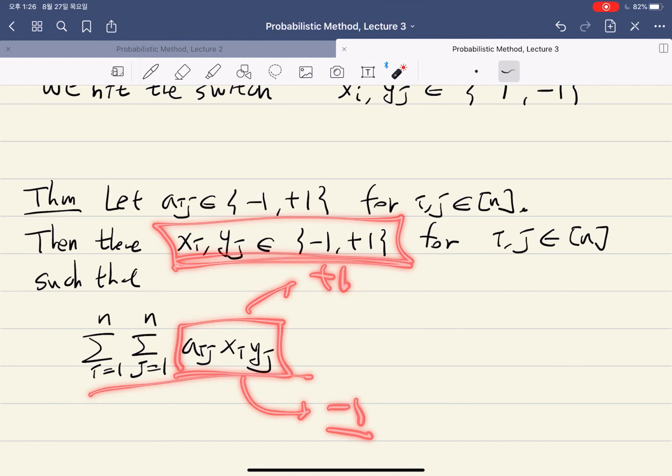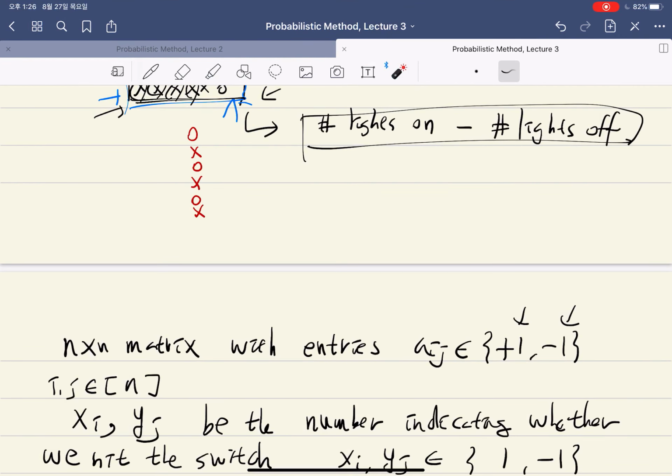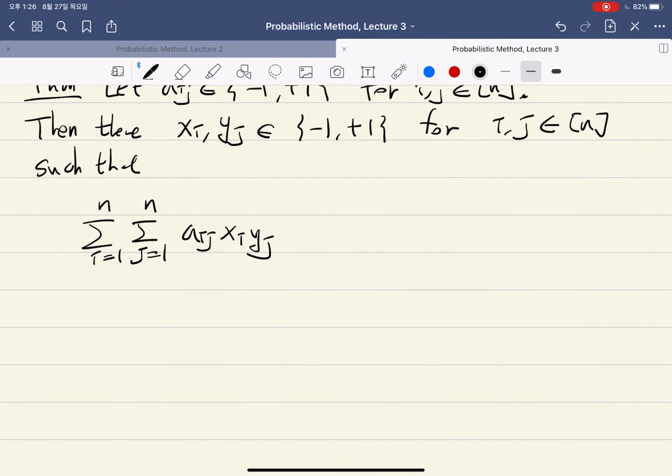So you sum them up together, then you get the difference between the number of lights on and the number of lights off. Then you can make sure that this is at least this weird number times n to the 3 over 2. You might wonder where this weird number, square root of 2 over pi, comes from.